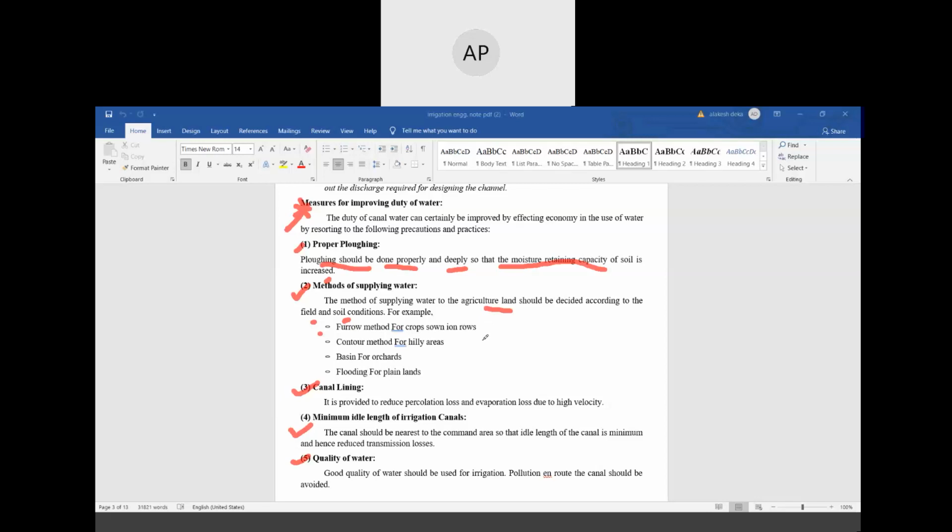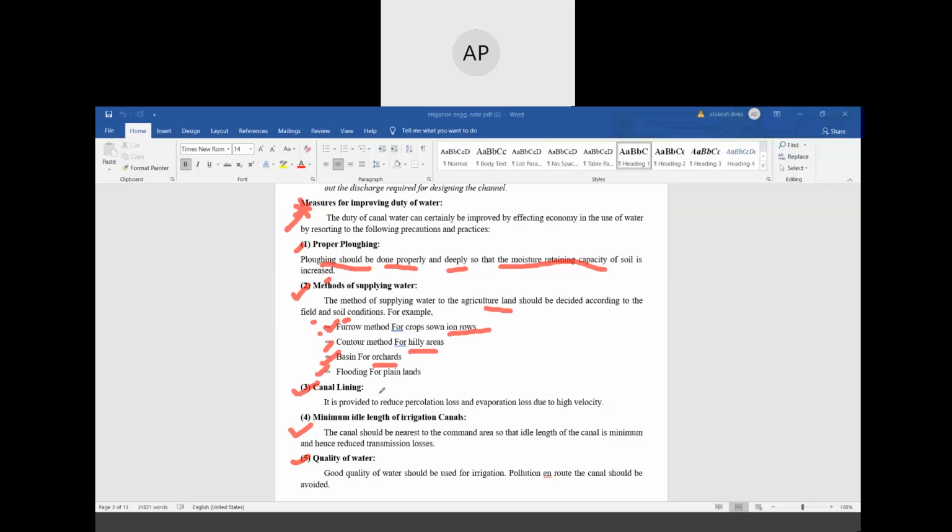One of the methods is the furrow method for crops sown in rows, contour method for hilly areas, basin method for orchards, flooding for plain lands. So for different crops we have to use different methods of irrigation.